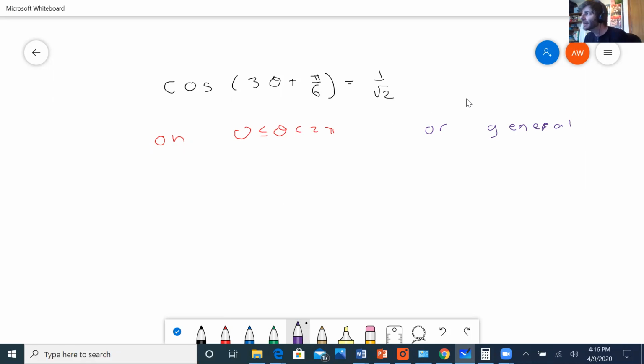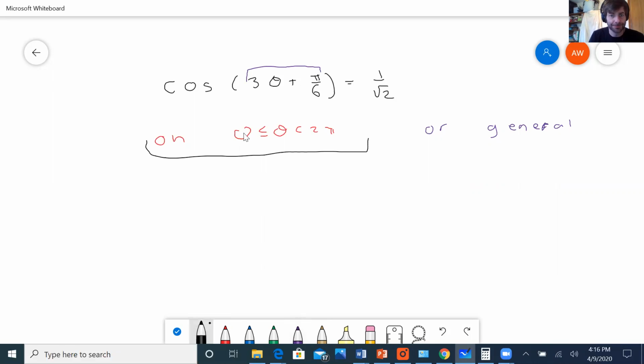I'm going to deal with this one first, solving it on 0 to 2 pi. Because you have 3 theta plus pi over 6, you have to figure out where exactly this thing has to live.